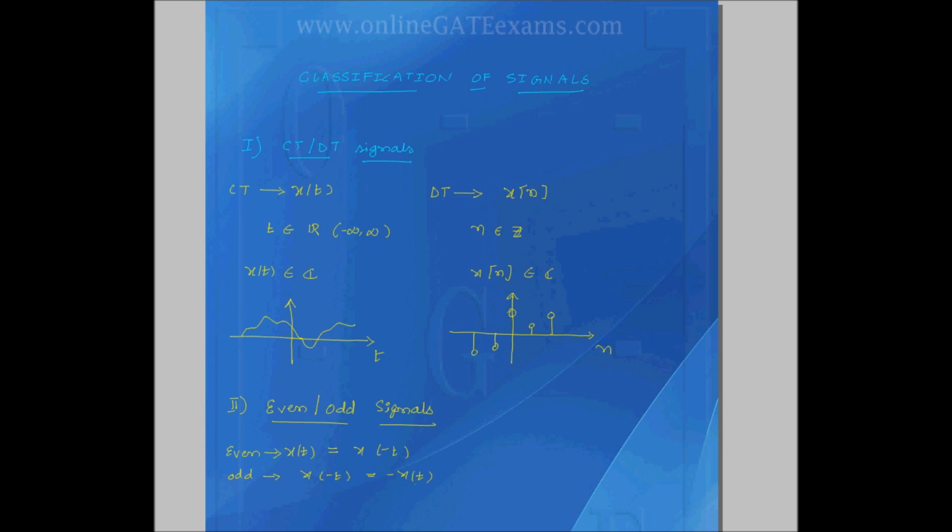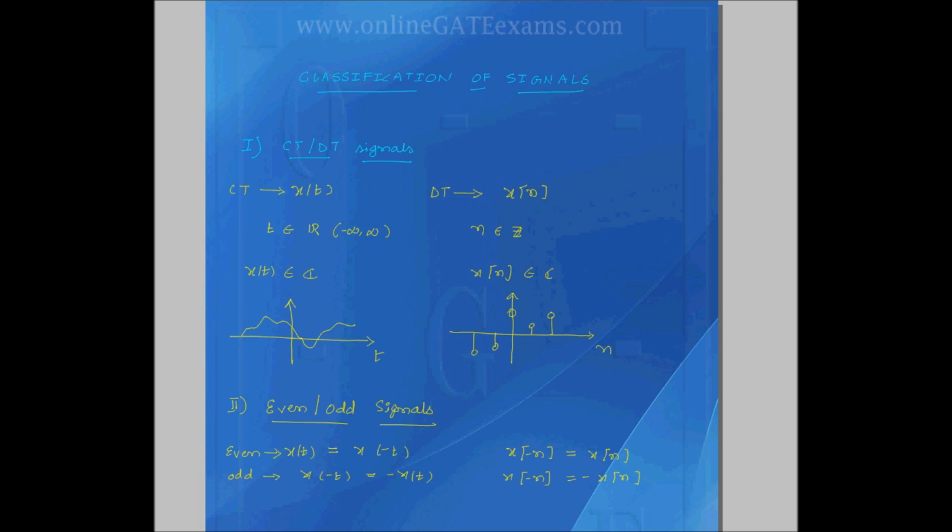For the discrete time case, a signal is said to be even if x of n equals x of minus n, and it is said to be odd if x of minus n equals minus x of n.